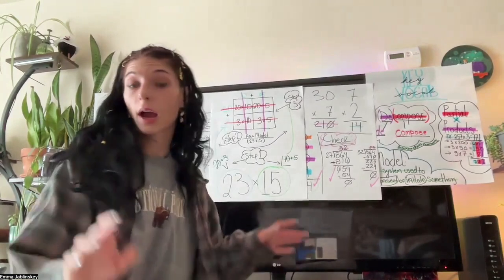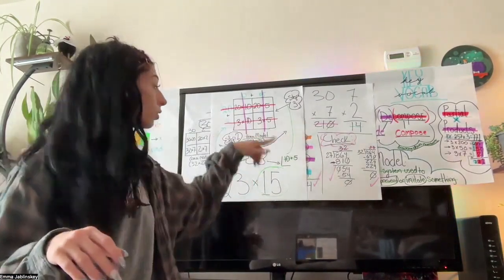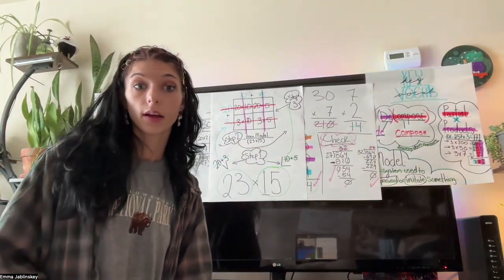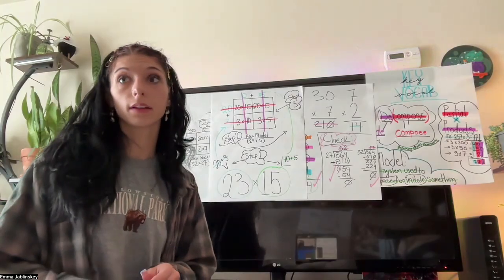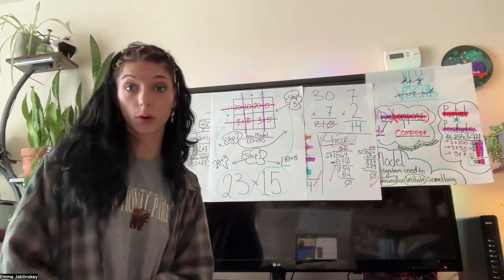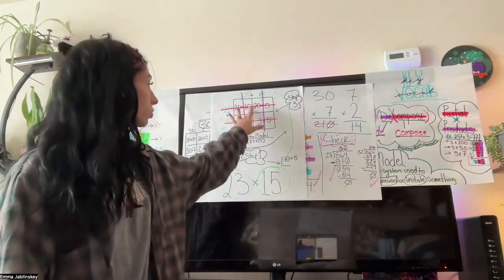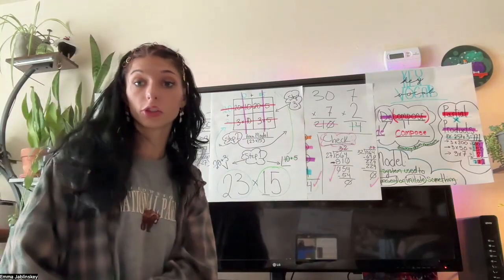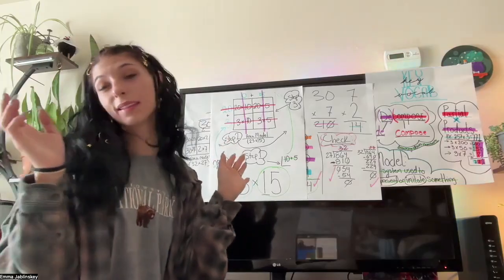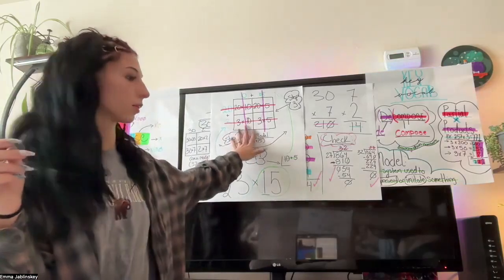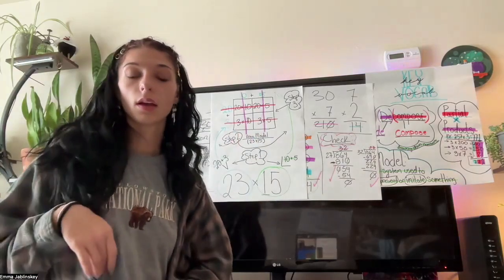We showed how we thought about it using our model, which is great. And I like this model mostly because each little square shows a part of the total answer. And I think that's really cool. I like how this shows it. Makes my brain happy.